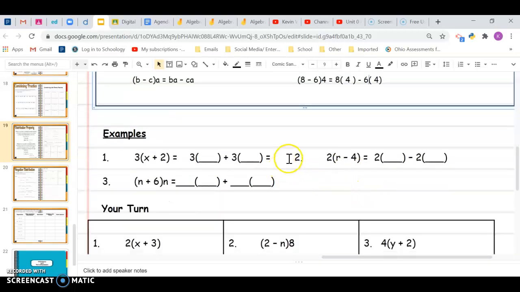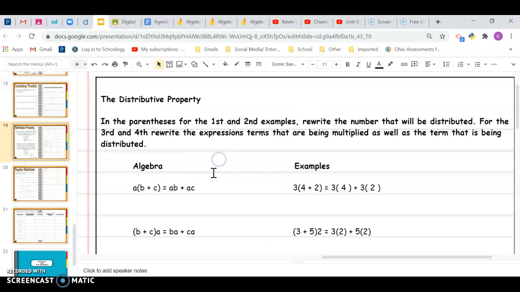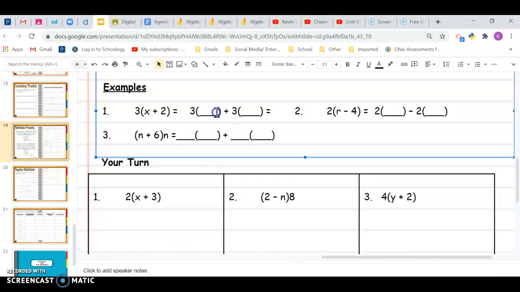Now, what we're going to do here is we're going to actually go through and do the multiplication and then simplify if we need to. So let's go through and practice this. So this time we have 3 being multiplied by x plus 2. So I'm going to give you the 3's, and you have to put in the x and the 2. So let's do that.